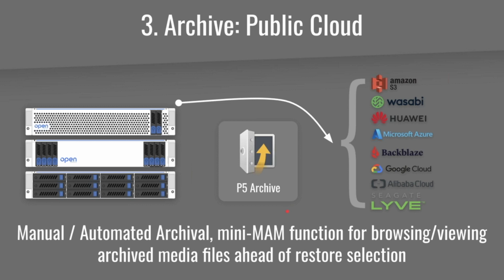It allows you to browse the assets in your archive, see thumbnails of them, play back small, low-res proxies of media files, do searches on file names or metadata, and then at some point in the future locate things that you may wish to bring back onto the OpenDrive storage so that you can repurpose some older work.